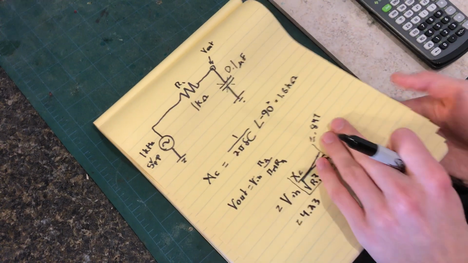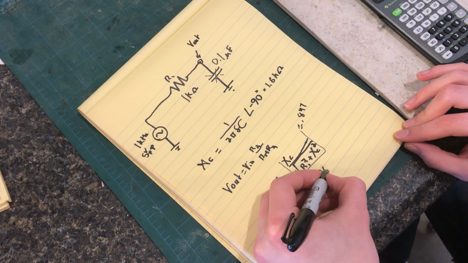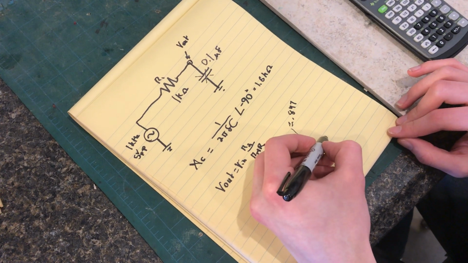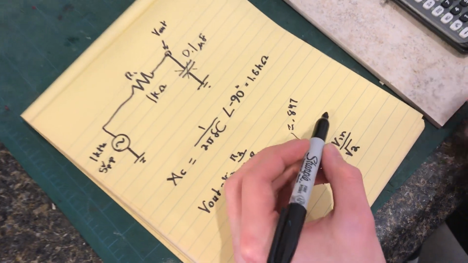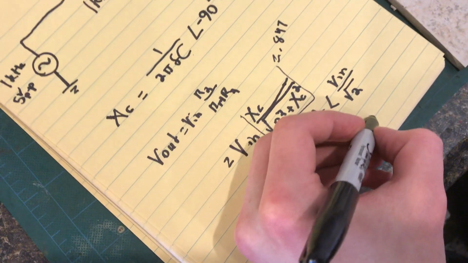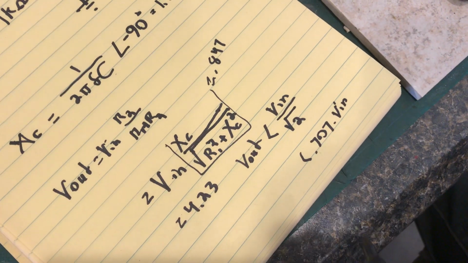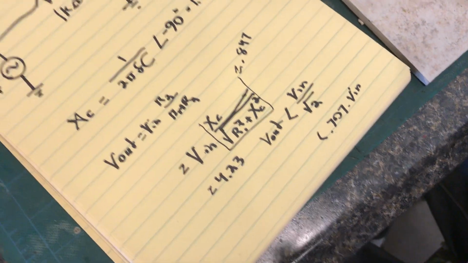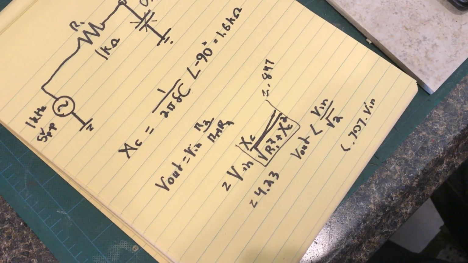So what we say is that if V out is less than V in over the square root of 2, or less than 0.707 times V in, then we say it has hit the corner frequency, and everything after that is just going to be cutting that voltage off.